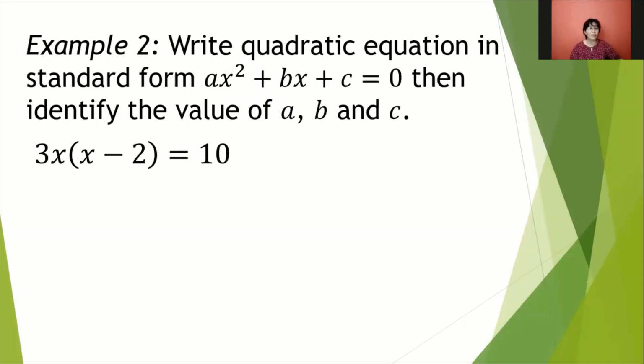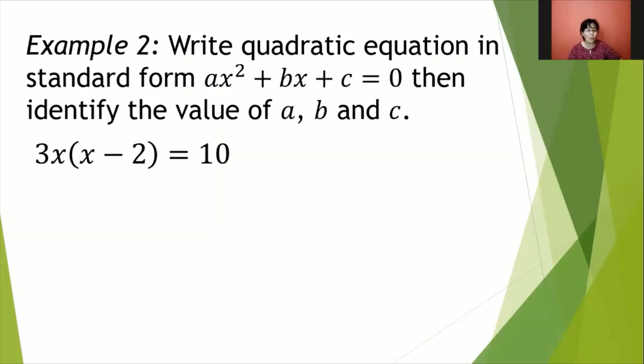Now, example number 2. Write the quadratic equation in standard form, ax squared plus bx plus c is equal to 0. Then identify the values of a, b, and c. Last time, we recalled the multiplication of monomials and binomials. The given here is 3x times the quantity x minus 2 is equal to 10.